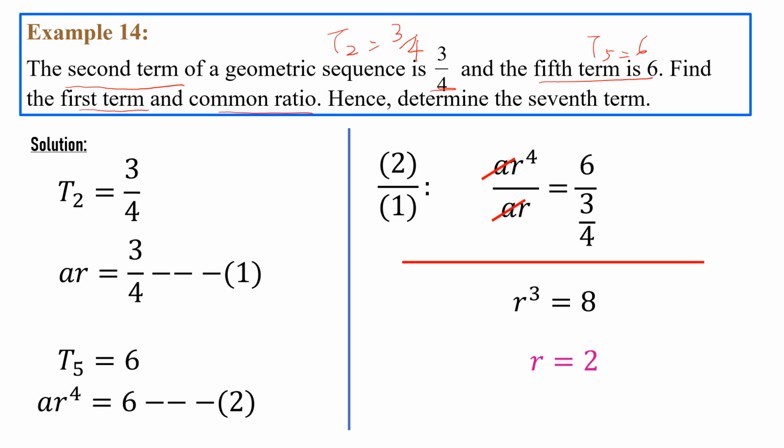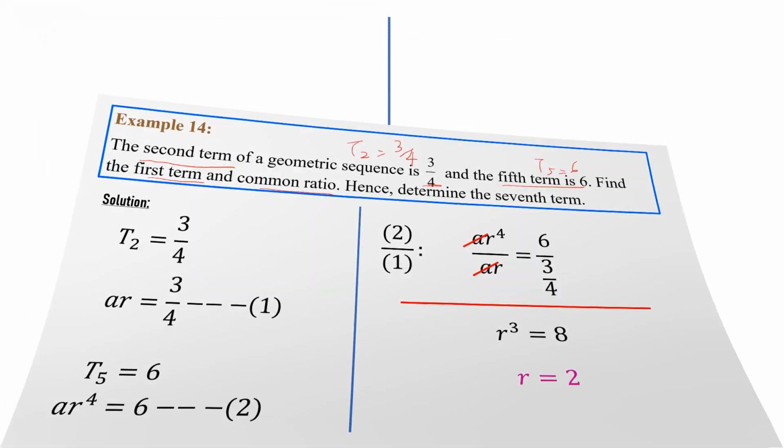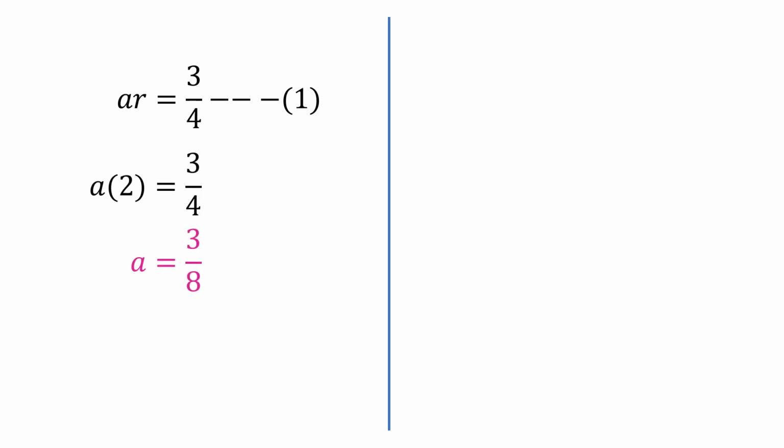Cube root of 8 we get R equal to 2. So we have our common ratio. From the common ratio, we can find the first term. Let's say I choose the first equation. So I have AR equal to 3/4. Substitute R with 2 and simplify, we get A equal to 3/8.